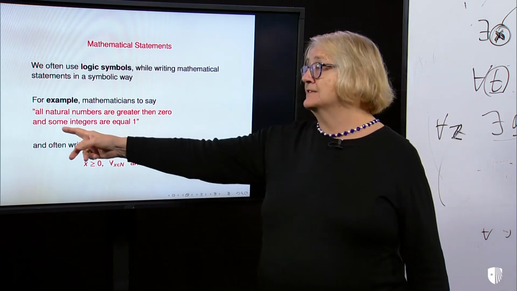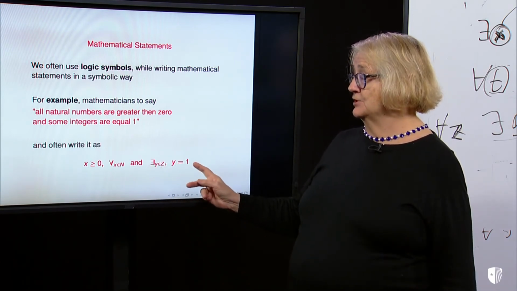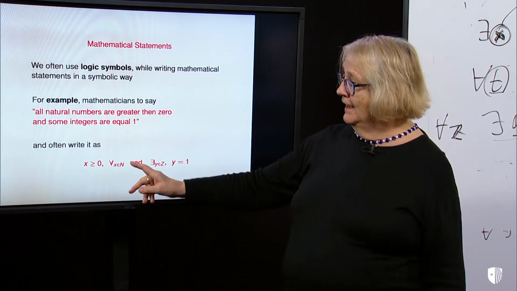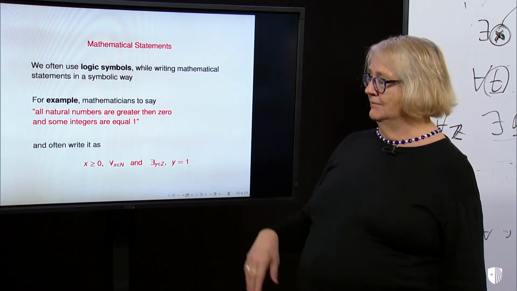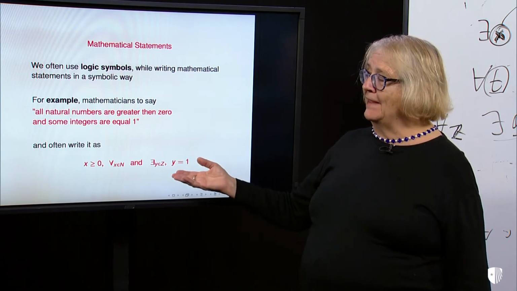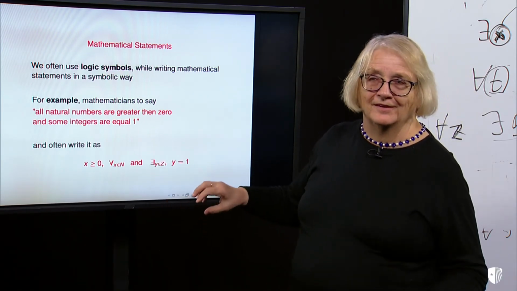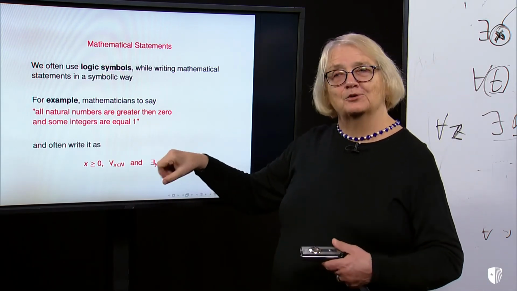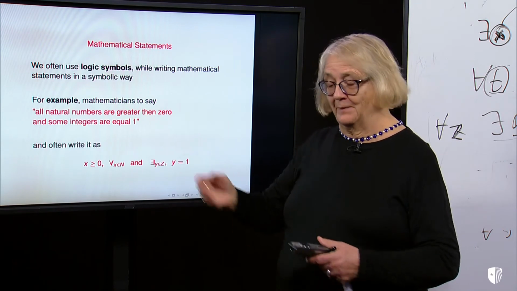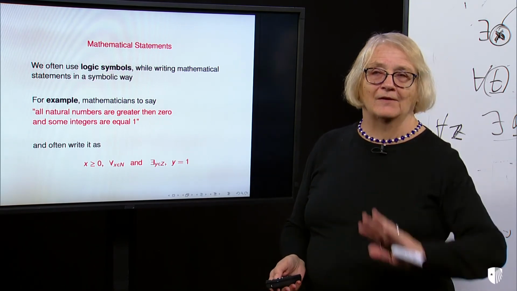And now "some integers are equal to 1" would be there exists an integer which is 1. So that is like throwing logical symbols and mathematical symbols all together to represent it, which is okay. It's like loose writing.